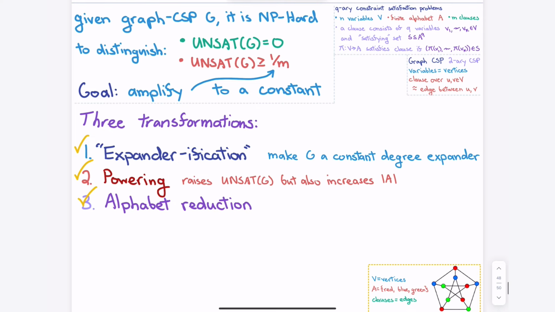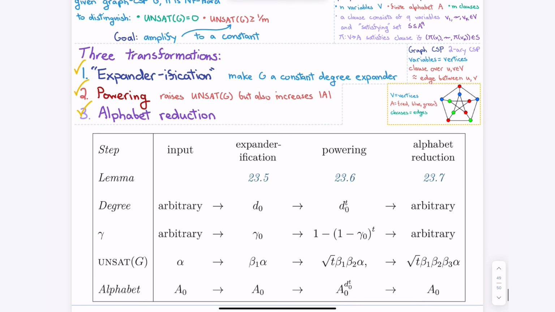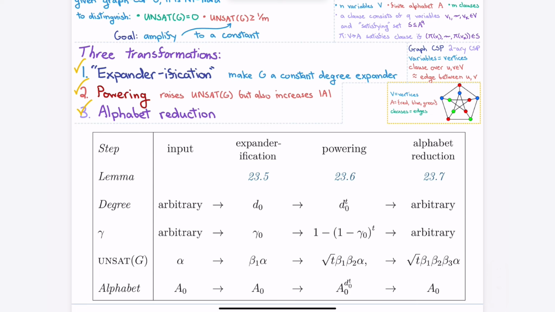Okay, so those are the three steps. Obviously, we rushed the third, and whatever I said was 5 minutes has already passed. So if you bring everything together, the three steps: the degrees, you take an arbitrary degree, make it constant, it gets ramped up by powering, and then the alphabet reduction throws it into no one knows what it becomes, but that's okay because next time around you bring it down to a constant.